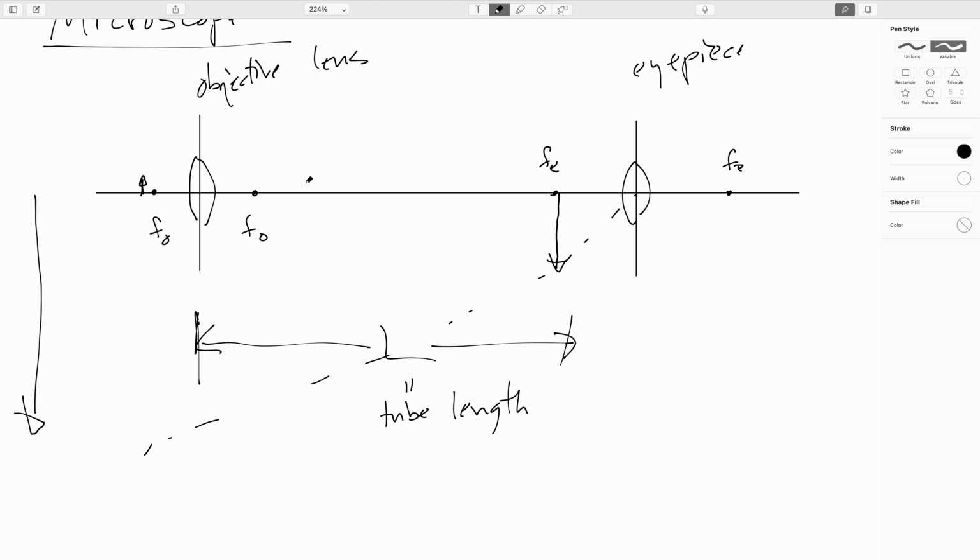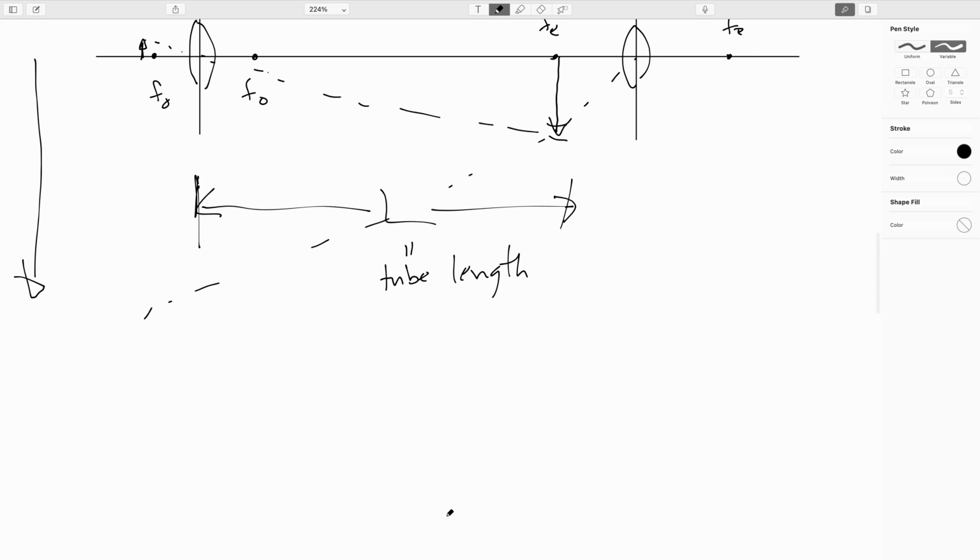So we can at least figure out the angular magnification over here again by looking at the central ray. The magnification from the whole thing will be, first we'll magnify it with the objective, and then we will magnify that again with the eyepiece. So we can just go ahead and multiply the two.